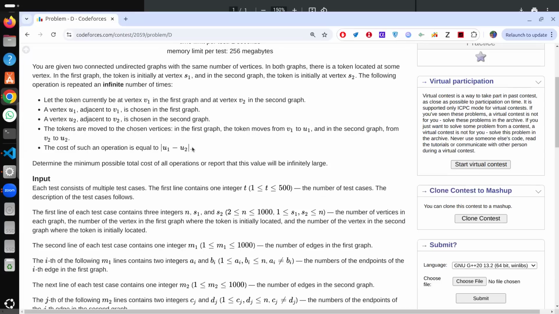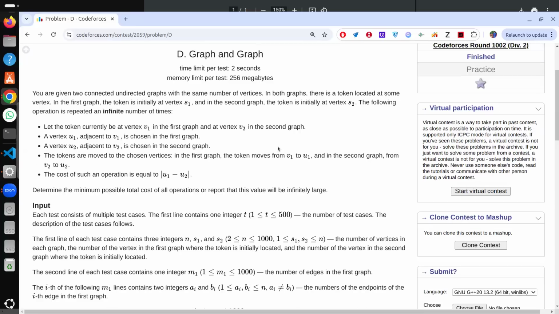So basically, if currently they are at some vertices, then they'll move to some adjacent vertex, and that cost will be equal to mod of U1 minus U2. Okay. So determine the minimum possible total cost of all operations, or report that this value will be infinitely large. Okay, so this means that, see, this operation is repeated infinite number of times, right?